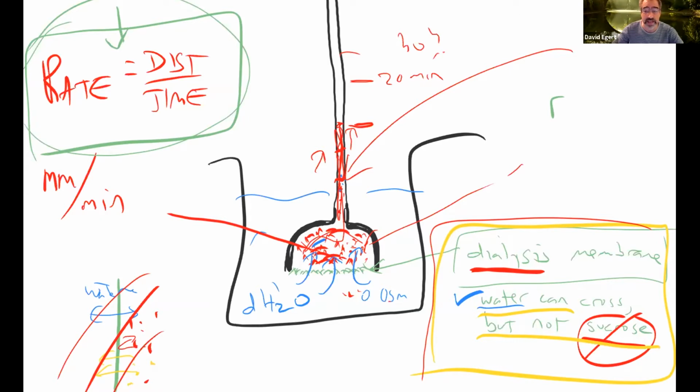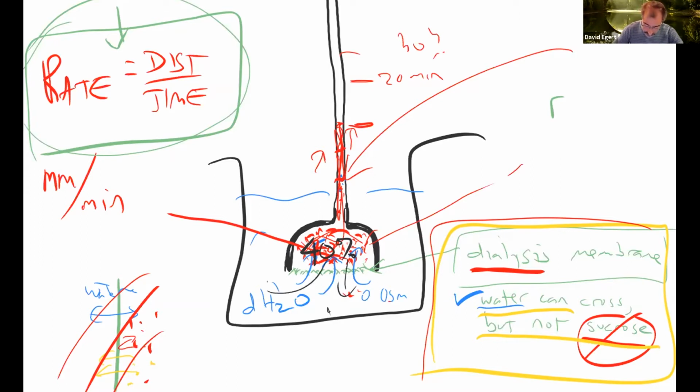So what's going to happen instead? Let's say I put my 20% sucrose in here, or let's say 40%, because I accidentally wrote 40%. And let's say sucrose could cross the membrane. What would happen? Sucrose would diffuse. Yeah, sucrose would leave. It's no sucrose here, 40% super sugary here.